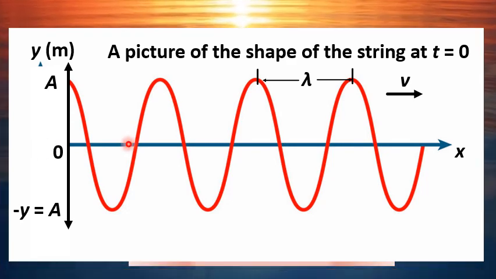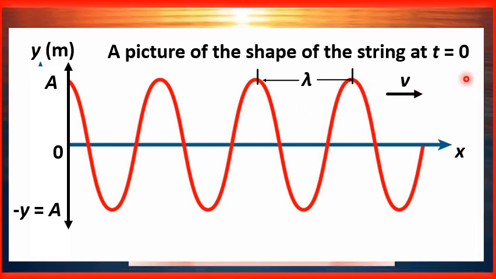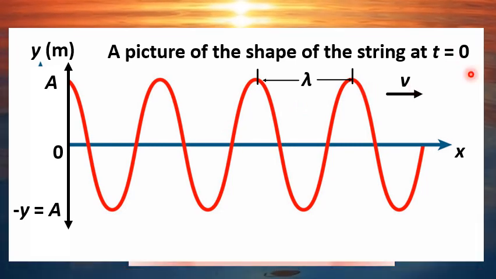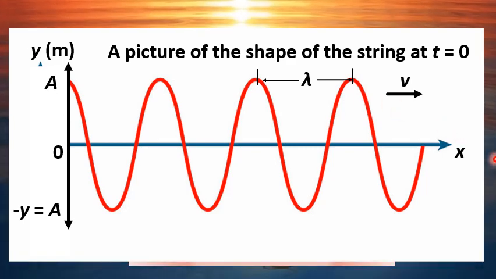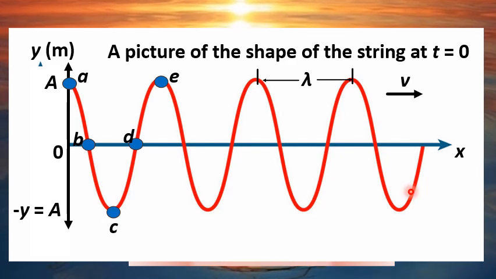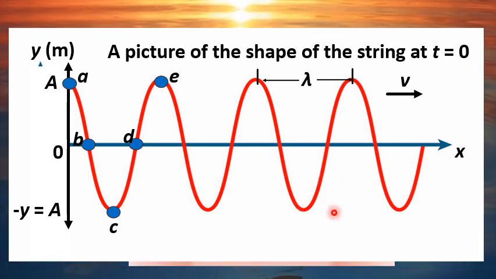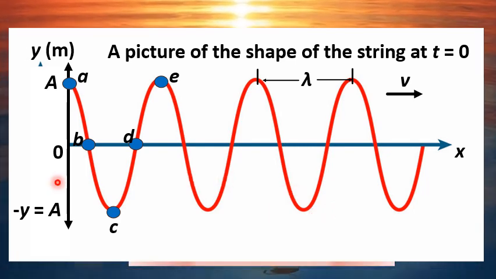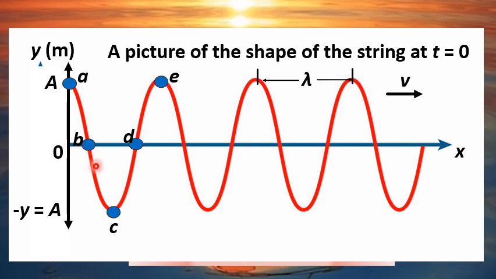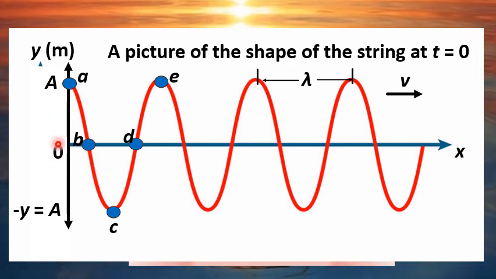The figure also shows a snapshot of the taut string at time equals 0. The wave is moving from left to right. Now, supposing the y displacement of a particle at the left end of the string, labeled here as particle A, located at x equals 0.